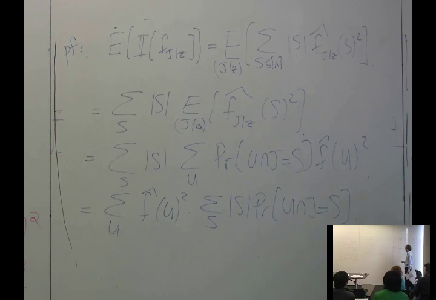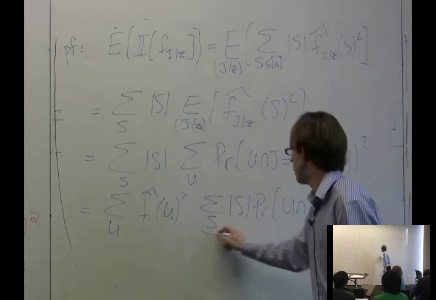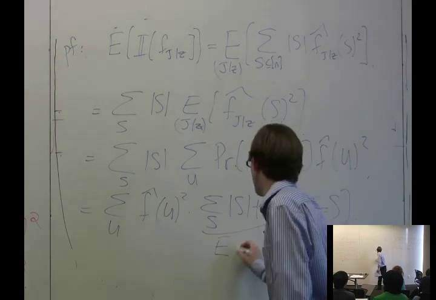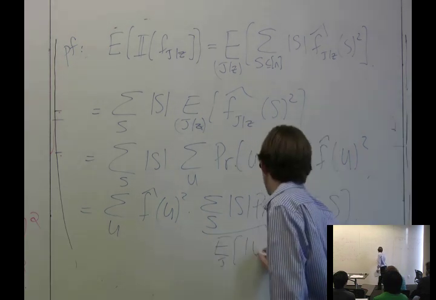And what's a simpler way to write this? Expected size over J of the cardinality of U intersect J.